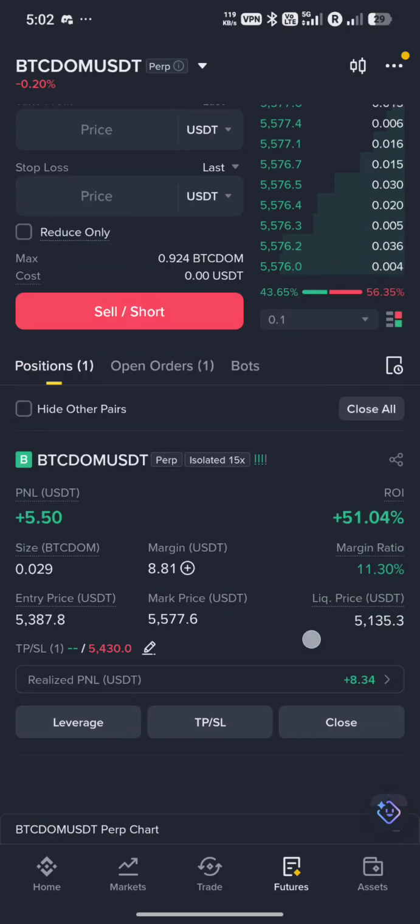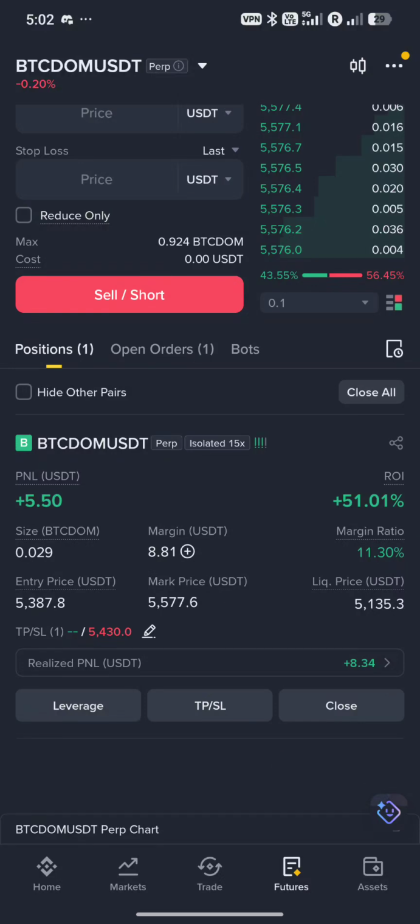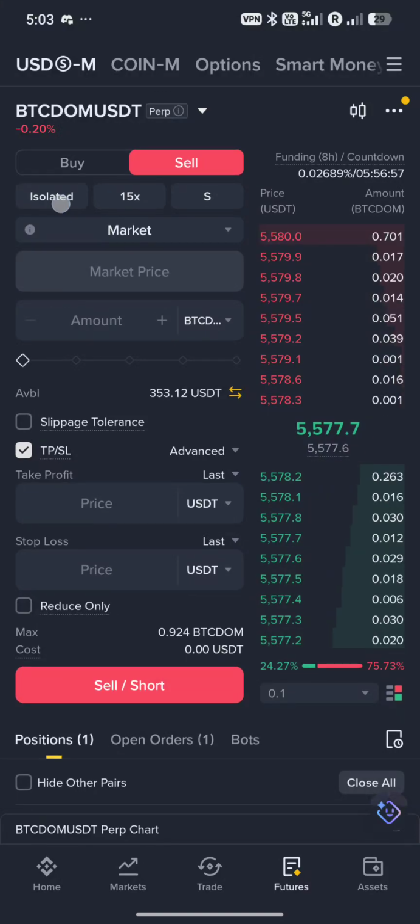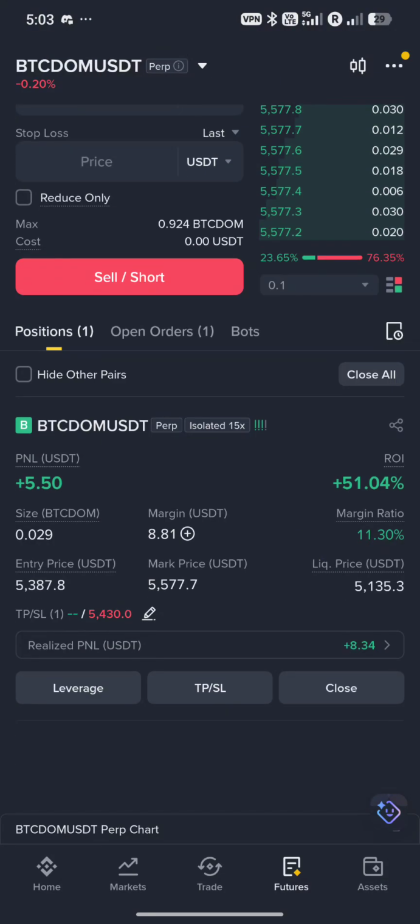That is when the position will stop running, if the trade is going against me. But even if you have cross and you use a stop loss, then you are covered. But if you have cross and you don't use a stop loss, then it's going to cross over to your balance to keep the position running.